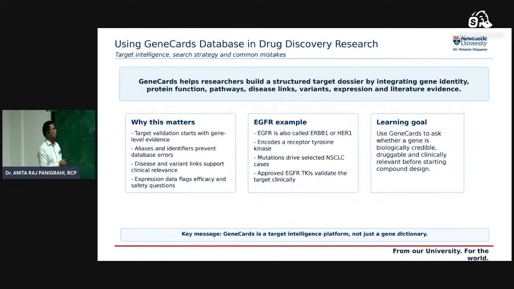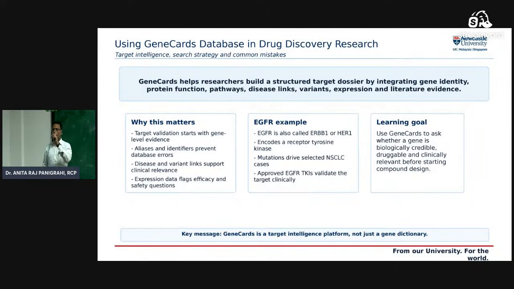Why this matters is that target validation starts with gene-level evidence. Here the key point is target validation. Validation means when we take a particular molecular target, we should know that yes, it is really applicable in that particular disease. Aliases and identifiers prevent database errors.